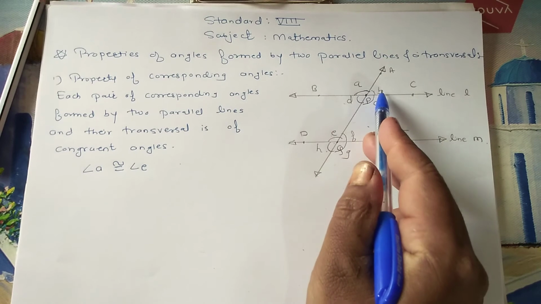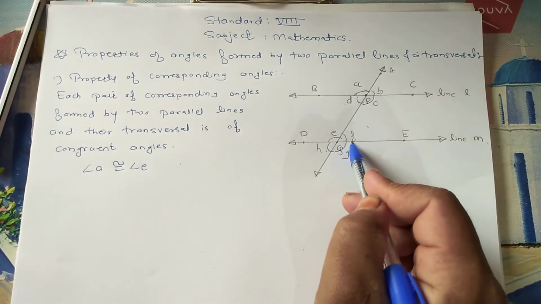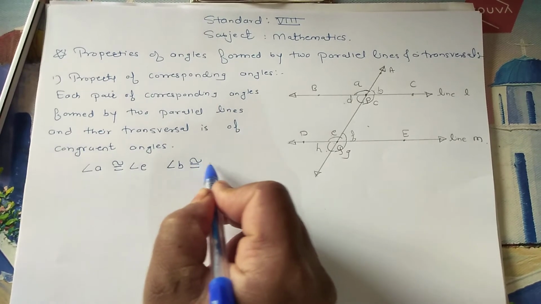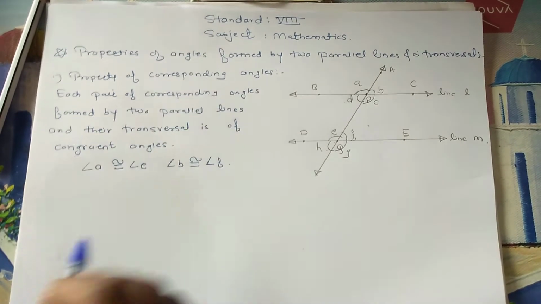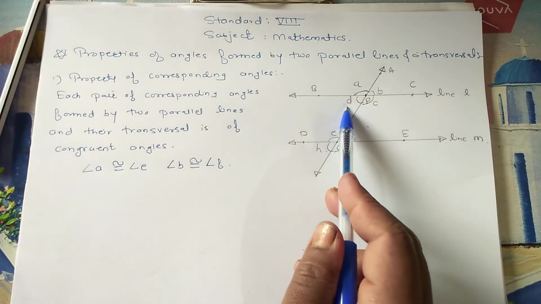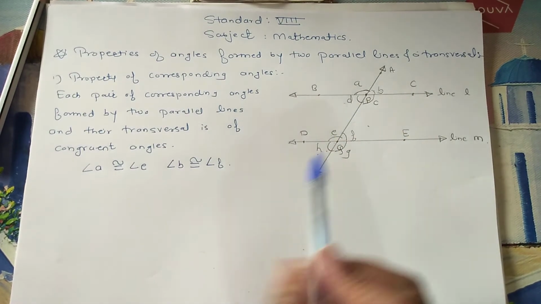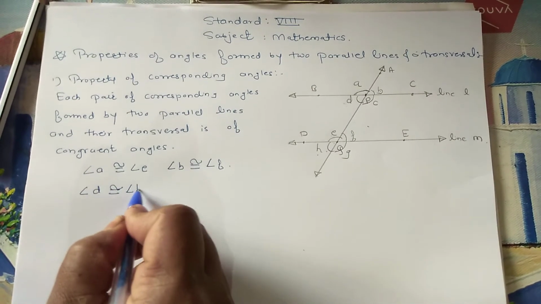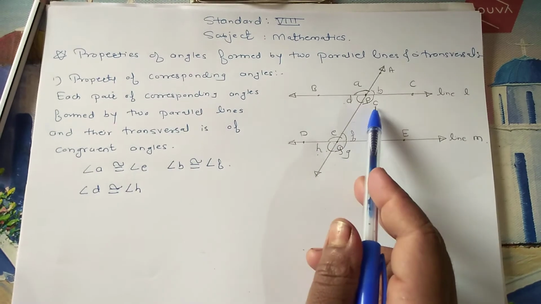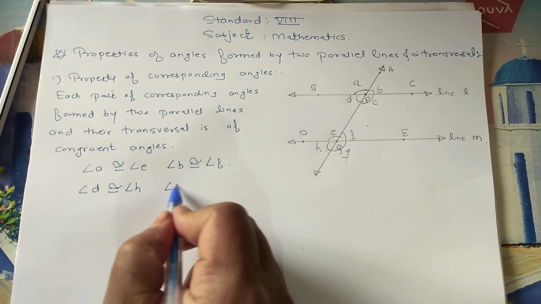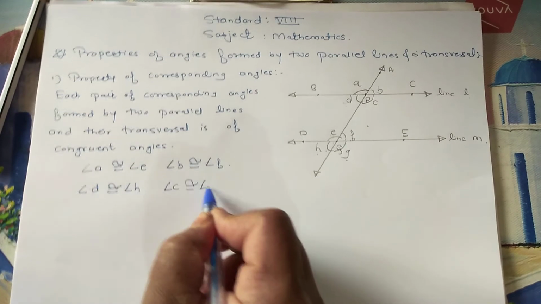Second, here is B and its corresponding angle is F. So angle B is congruent with angle F. Then next is D, whose corresponding angle is H. So angle D is congruent with angle H, and the last one is C, and its corresponding angle is G. So angle C is congruent with angle G.